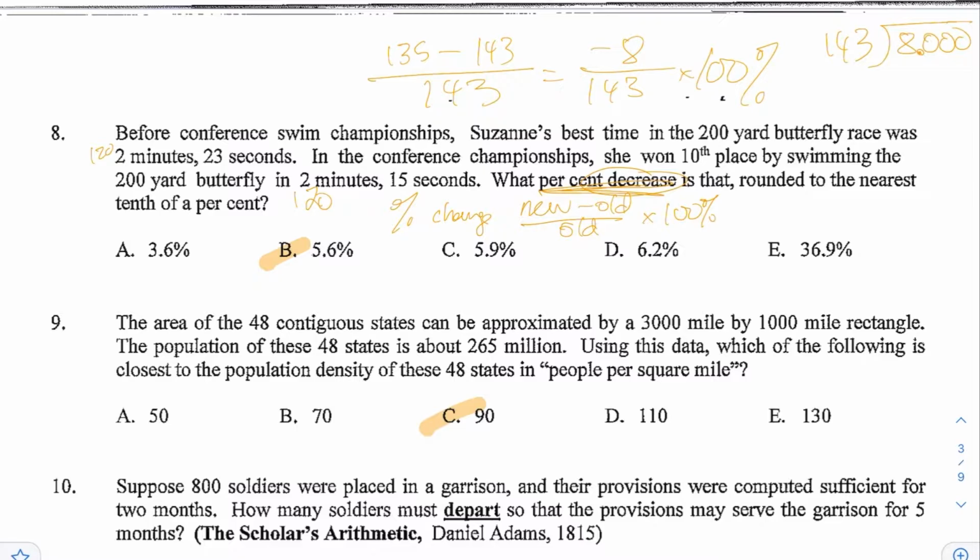So 143 goes into 800. You can guess about 5 times. So you got 715 there. And then 143 goes into 850. You can guess probably 6 times.